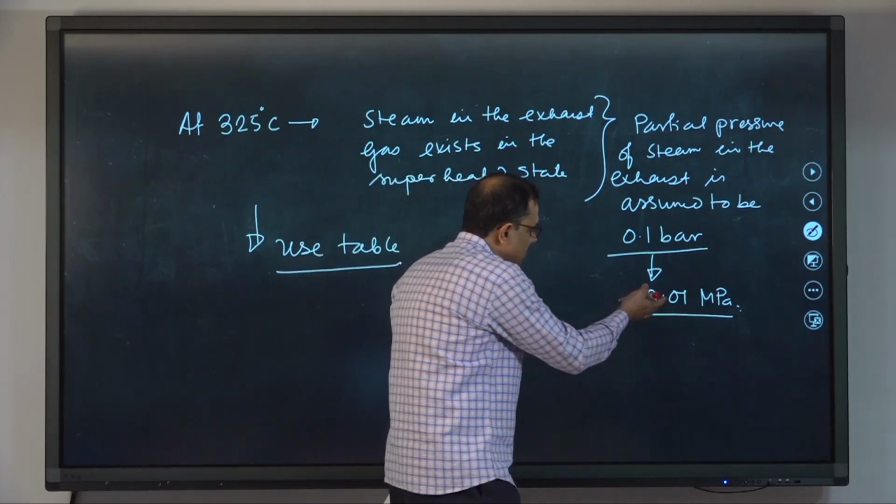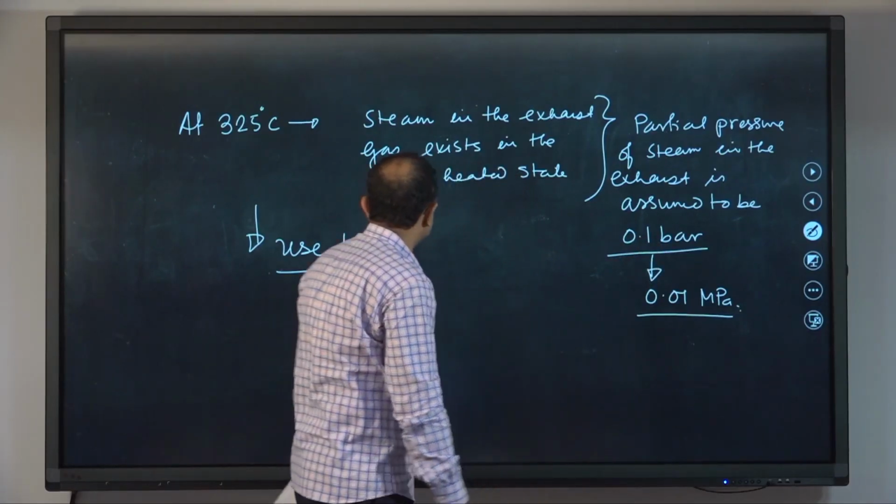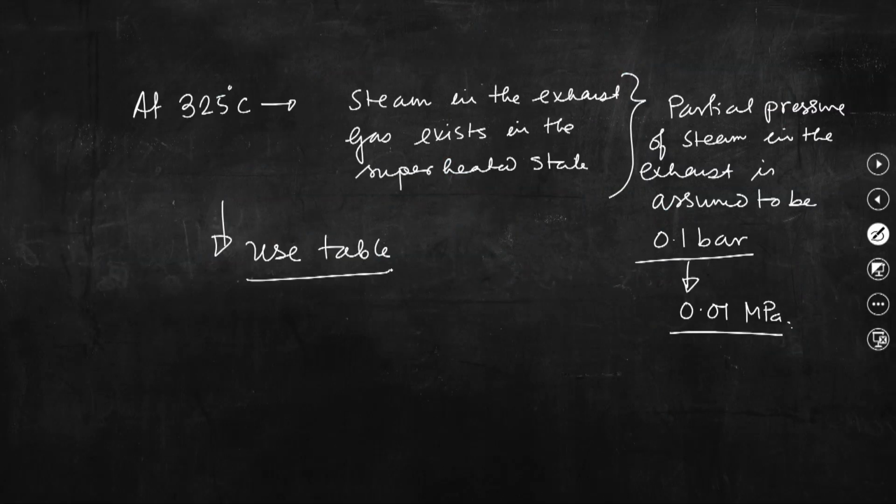We know the pressure is 0.01 MPa, and we know the temperature is 325 degrees Celsius. If we consult the steam table, we will find that the steam will be in the superheated state. From there we can calculate enthalpy, right.